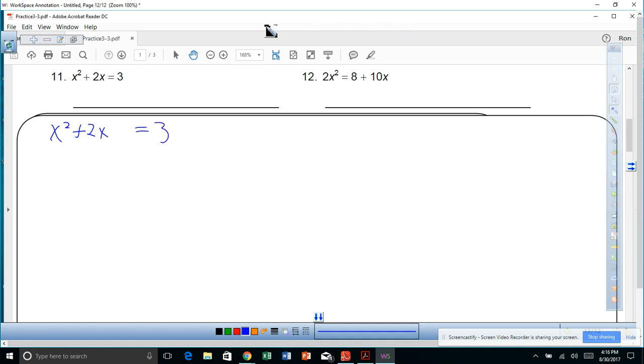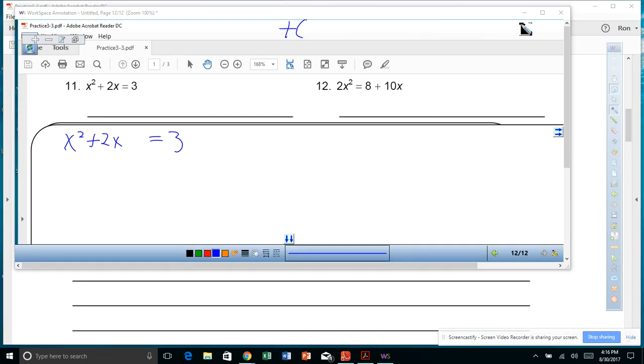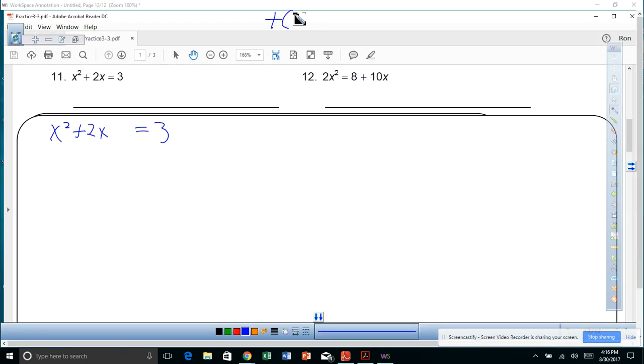Now what we're going to do is add b over 2 squared to both sides. So 2 divided by 2 is 1, and 1 squared is plus 1. Plus 1 and plus 1. That's going to give us x squared plus 2x plus 1 equals 4.